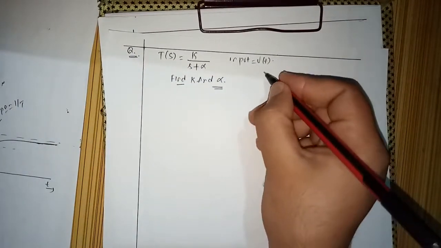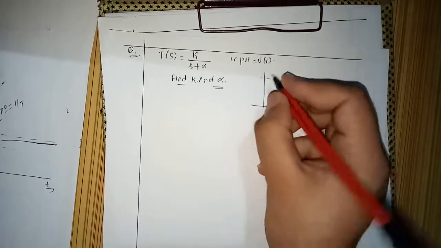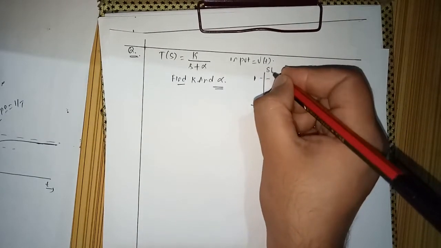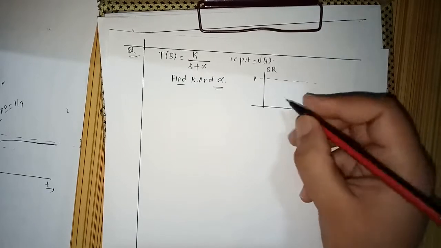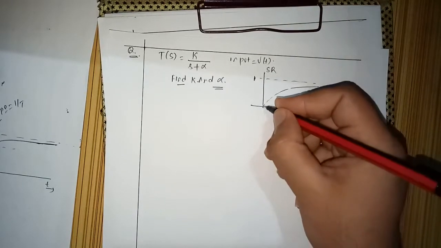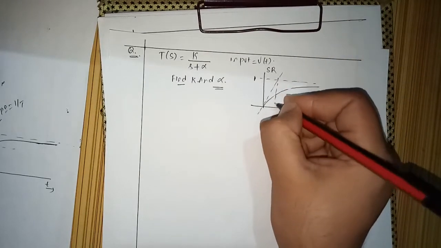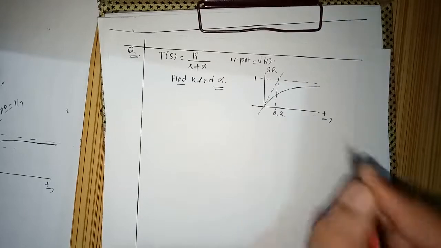The step response is shown like this; this is 1, this is our step response, and this tangent is given, and this is 0.2.